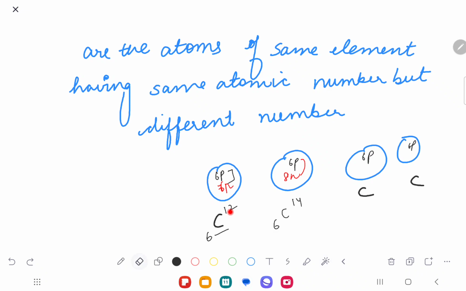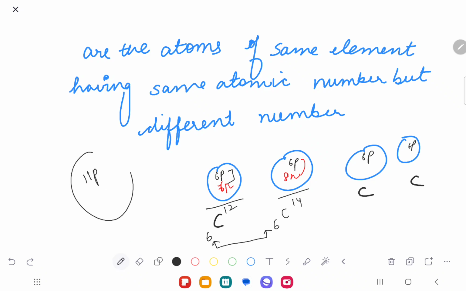But they are both carbon. The characteristic that they are going to portray would be of carbon only, chemically also. But mass wise, the physical weight, one would be heavier, one would be lighter. So it is a possibility that in nature, if you talk about sodium, it's not necessary that every sodium atom is going to have 11 protons and 12 neutrons.